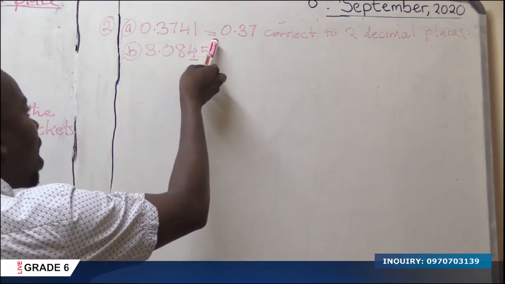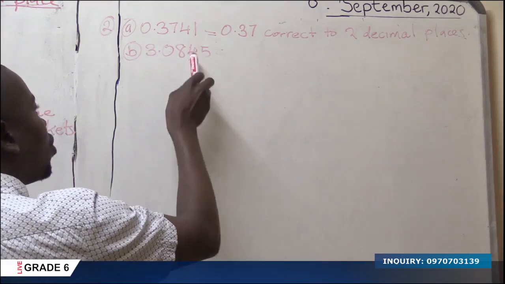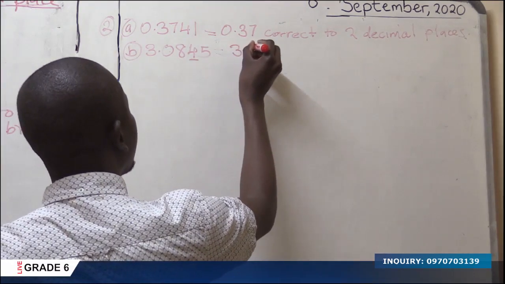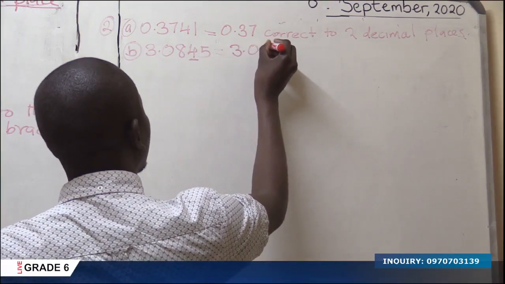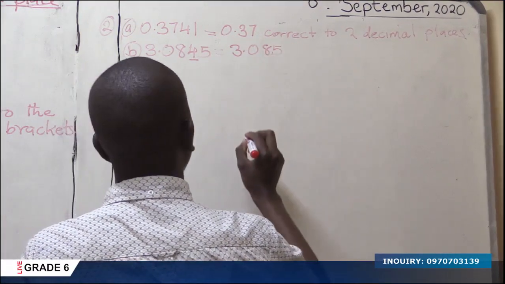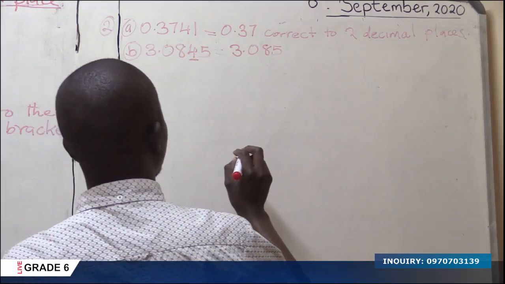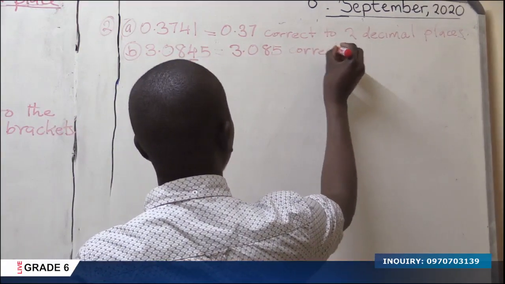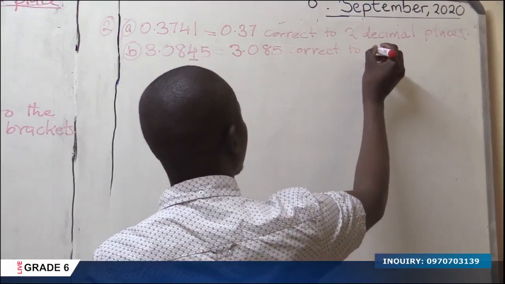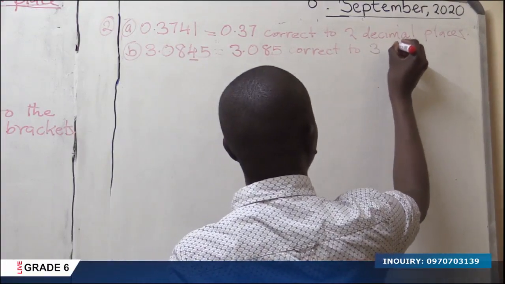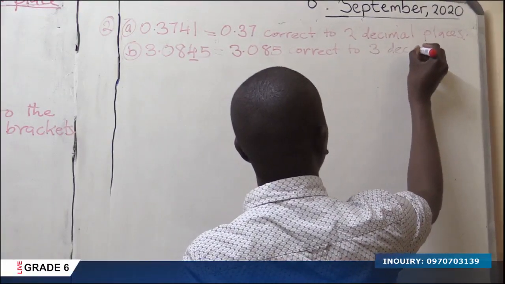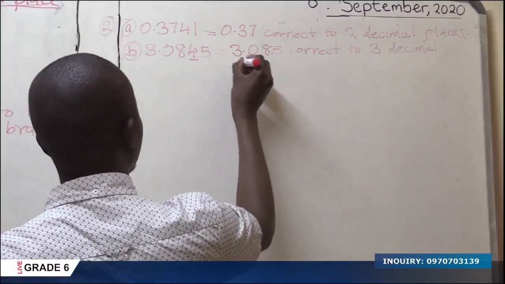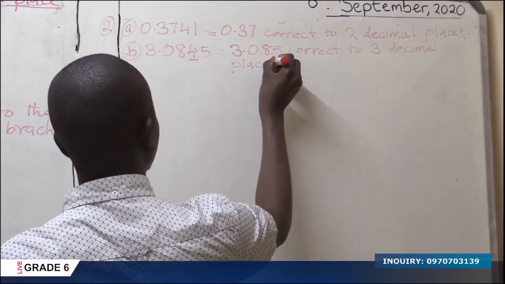You round off, meaning you get the one, you put it on 4, it becomes 5. So it will be 3.085 correct to 3 decimal places.